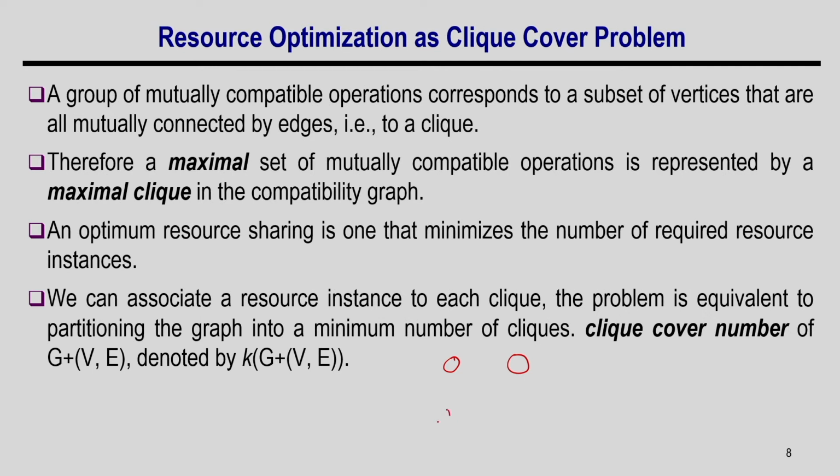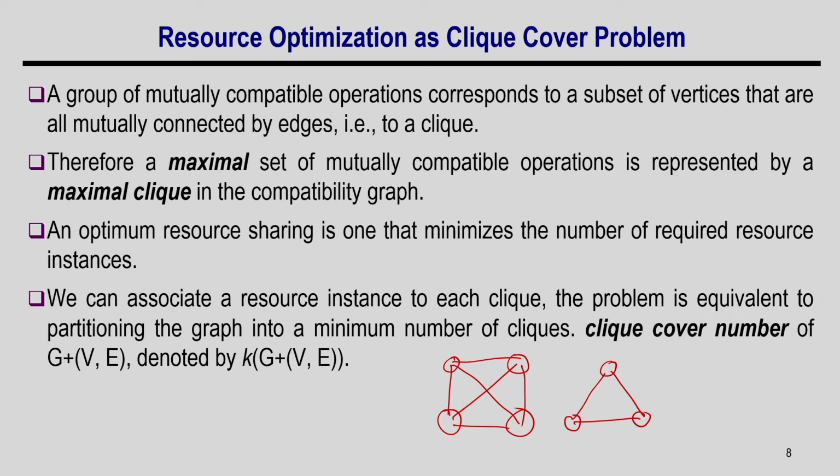Similarly, if there are 4 nodes, only when they have all edges, they are all compatible with each other, and then I can assign all these 4 operations to a single FU. I have already discussed this for 3, and similarly I can talk about 4, 5, 6 and so on.